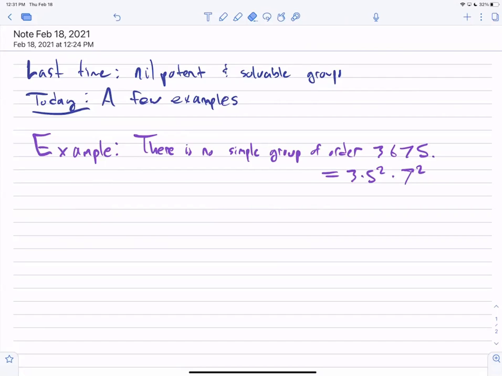You can always suppose the order of G is 3675. So if N7 is equal to 1, we're done because that's a non-trivial normal subgroup. Otherwise, N7 should be equal to 15.